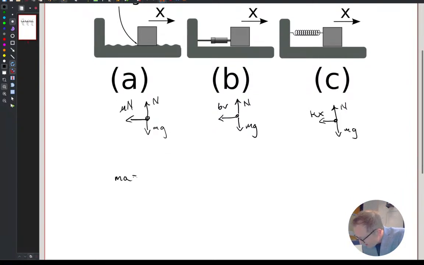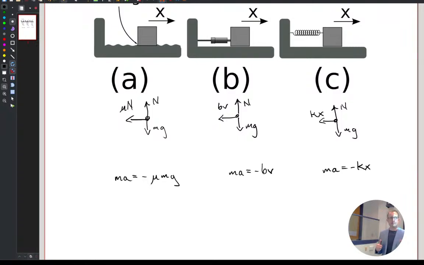So ma equals negative mu mg, ma equals negative bv, ma equals negative kx. That was mostly what we were working on last class, trying to get to that step, because all of these were equal to ma.